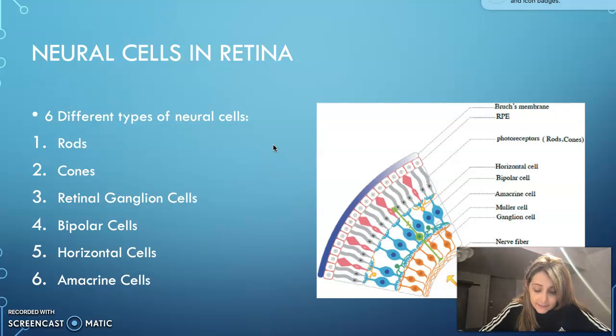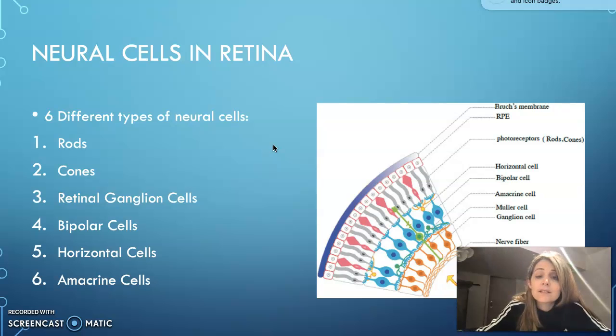Lastly, we'll talk about the amacrine cells. These are interneurons that interact at the second synaptic level of the pathway that has the photoreceptors, the bipolar cells, and the ganglion cells. They are the major carriers of rod signals to the ganglionic cells as well.